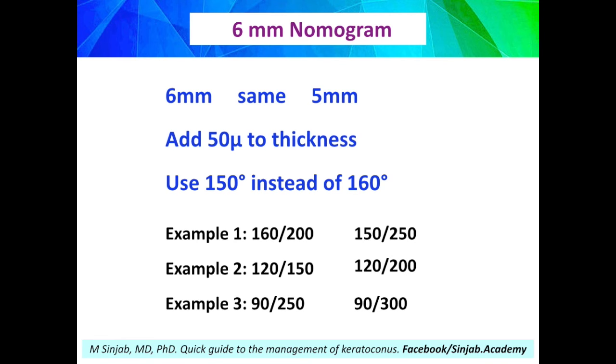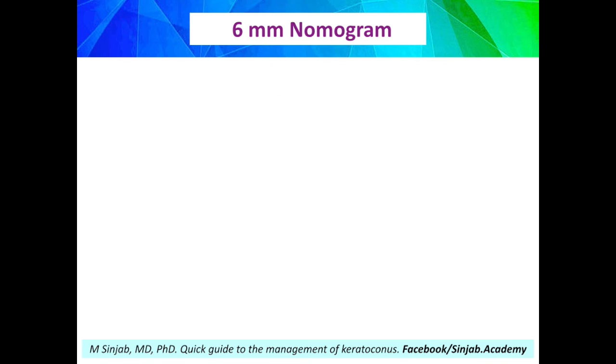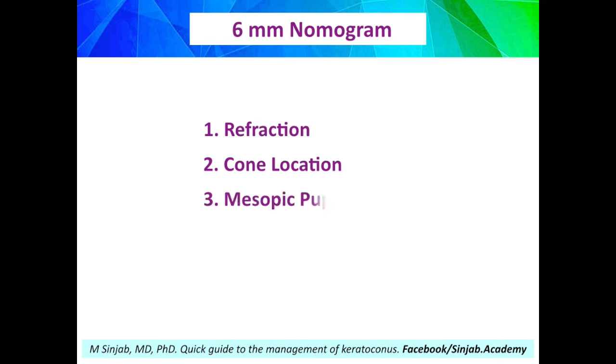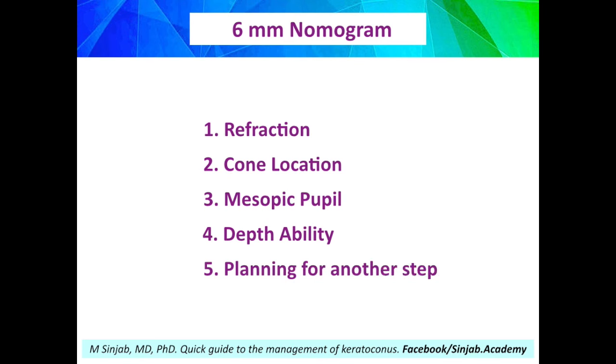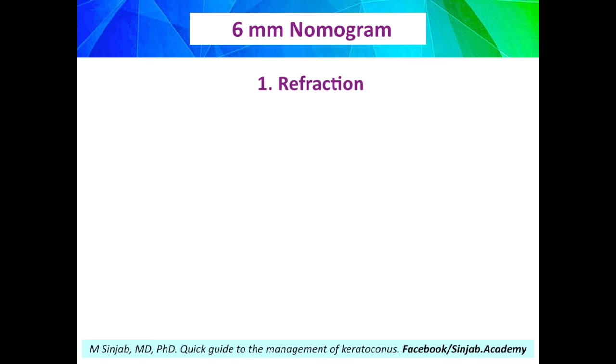Now, when the 6 mm type is indicated, this depends on refraction, cone location, the mesopic pupil, depth ability, and planning for another step. Let's start with the refraction.